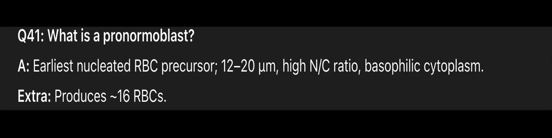What is a pronormoblast? It's the earliest nucleated red blood cell precursor. How big is a pronormoblast? 12 to 20 micrometers.